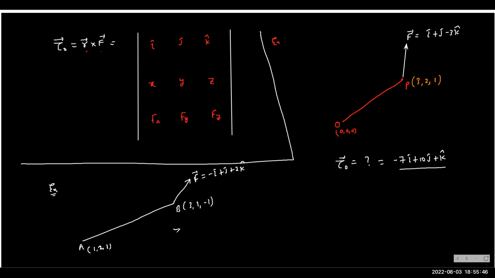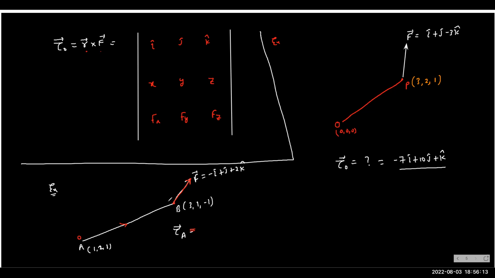Now I want to know the torque about point A for the same given force F. Now, if I say find the torque about A, then A becomes your origin. That's the whole idea. And the R vector will always be from the origin to the point of application. Now, here the B is the point of application that you need to understand.